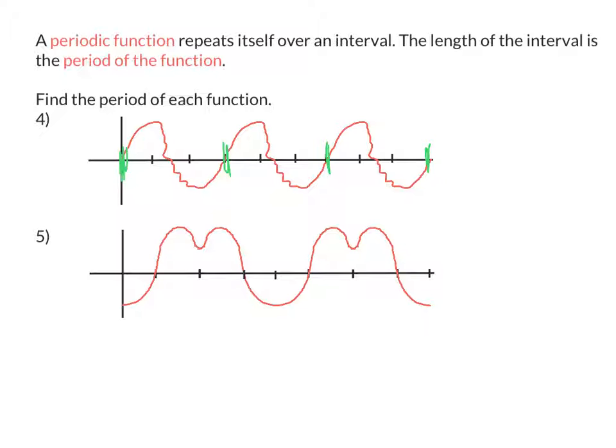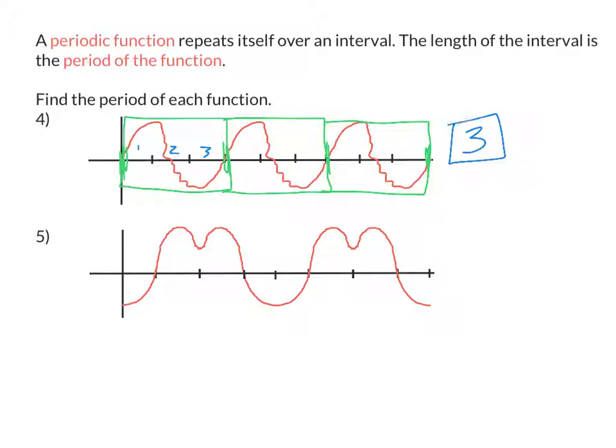Okay, and you can see how within this rectangle that I just drew, each of these begin or look the exact same. And so what is the length of distance between each of these rectangles? So 1, 2, 3 units over, so the period must be 3. It's the same distance over for each of them.